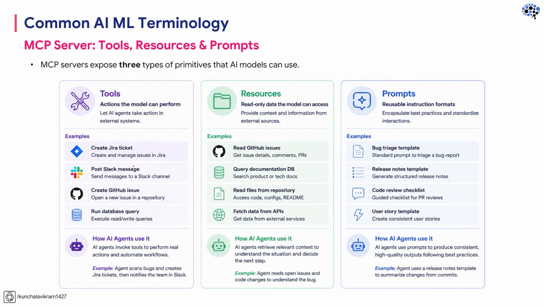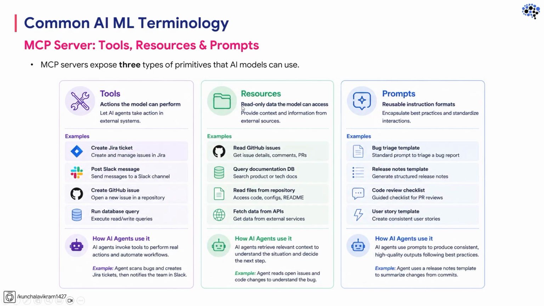For example, for the GitHub MCP server, creating an issue, reading an issue, creating a PR, reading a PR, creating a branch, all these can be various tools that the GitHub MCP server will give to my LLM or the AI agent. So the AI agent can use these tools to actually do something, right? Like opening a PR, closing a PR, deleting a branch, all these things.